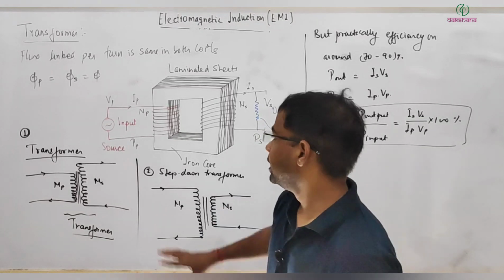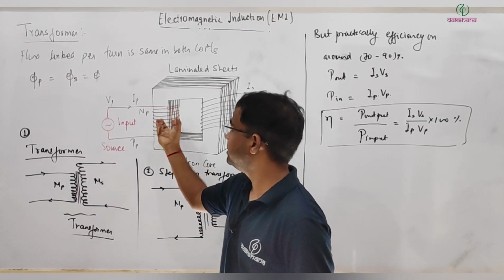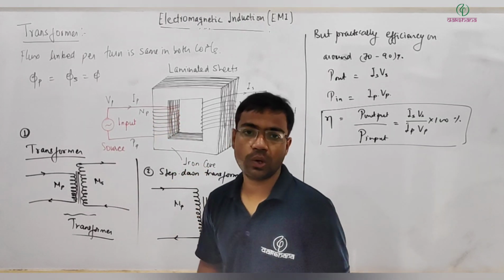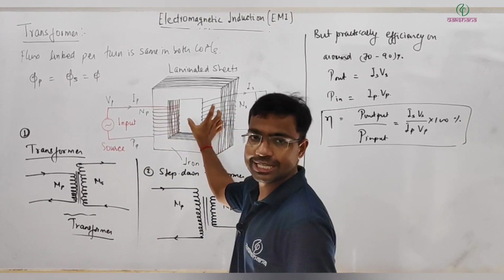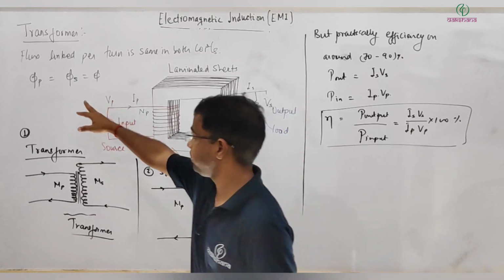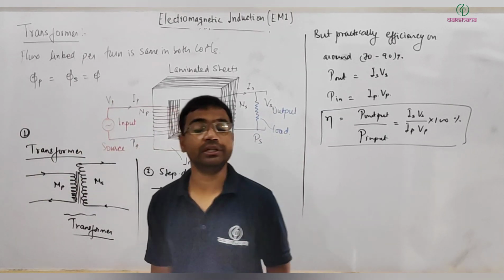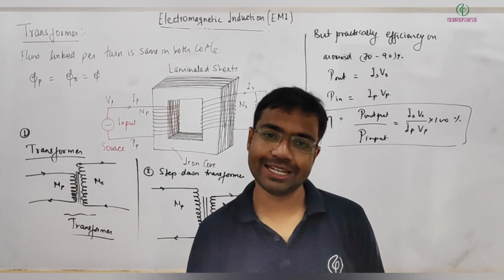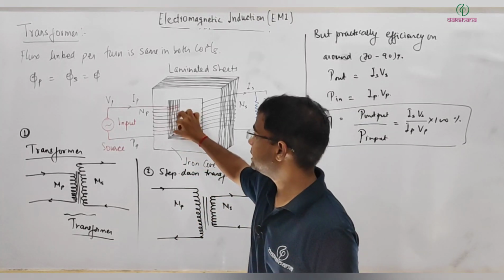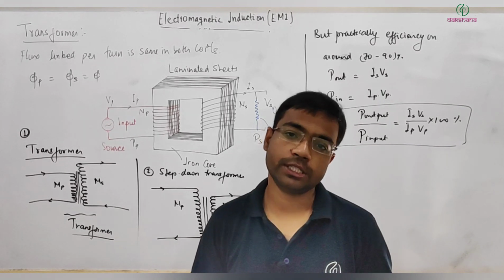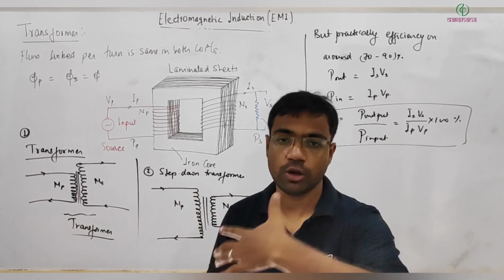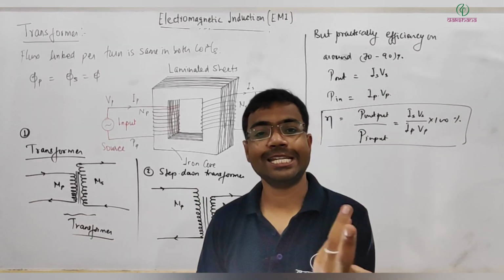You can see the number of field lines is limited to only this iron core. The number of field lines in this will exactly pass to the other, so the flux per turn will be the same in both the primary and secondary coil. But when we change the number of turns, the EMF in the primary and secondary can be changed, and that comes at the cost of changing the current also.